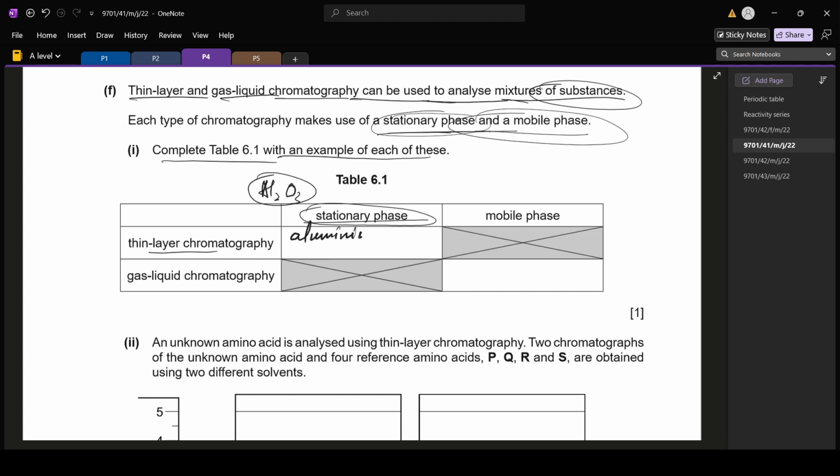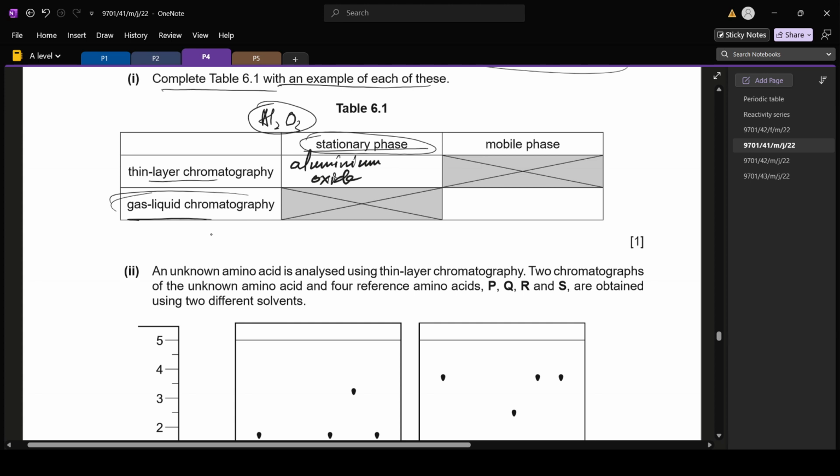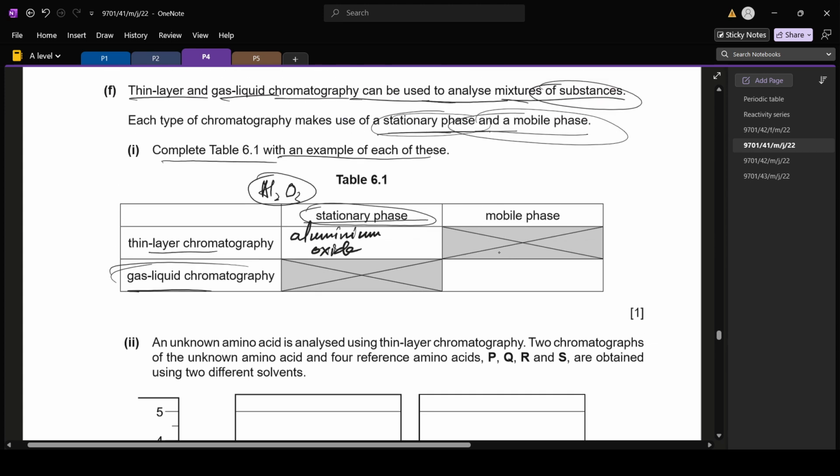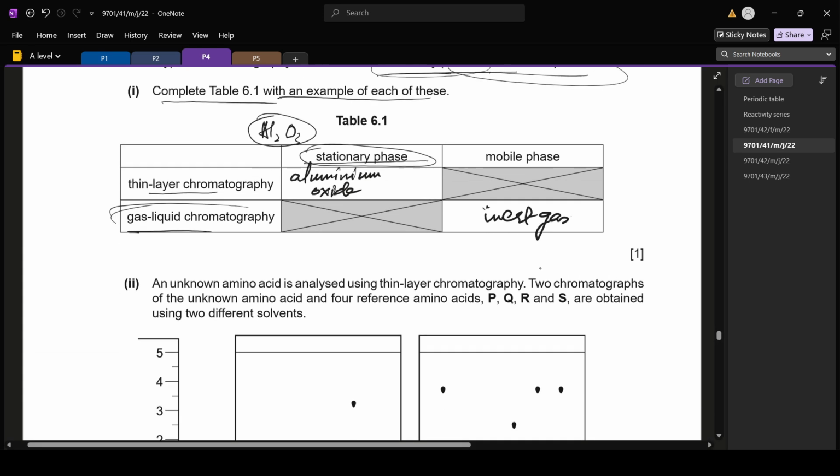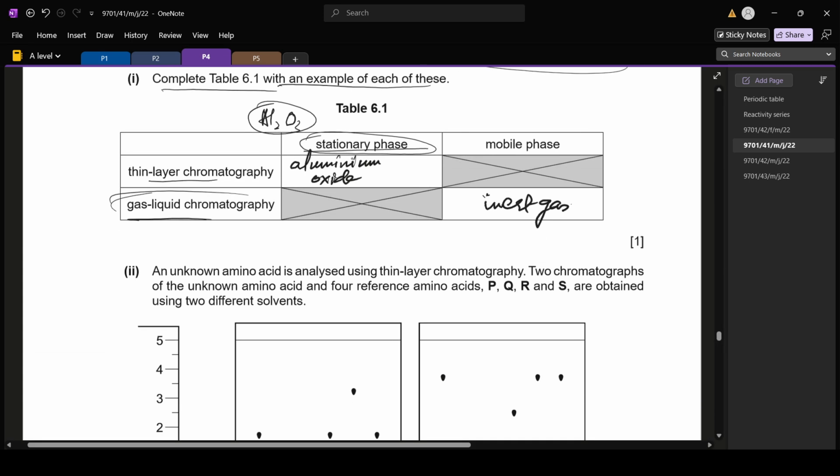And the mobile phase in gas liquid chromatography is an inert gas. Any inert gas, for example argon or nitrogen, or you can just write inert gas. So you have to remember these mobile phases and stationary phases.